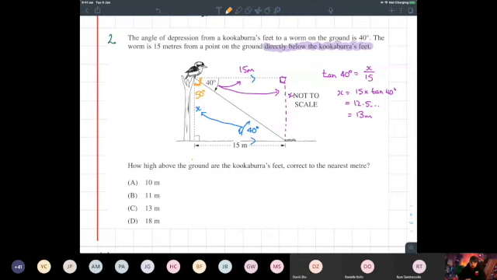And that's just complementary. 50 plus 40 has to equal 90. And now that you have 50 degrees inside the triangle, you didn't need to worry about that 40 down the bottom, and you could use 50 degrees to solve it. Multiple ways to attack the same problem, all will get you to the exact same answer.